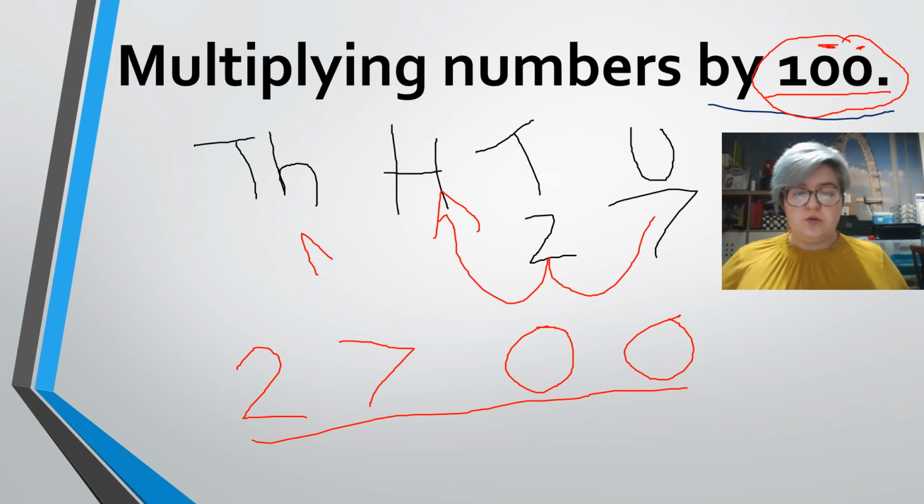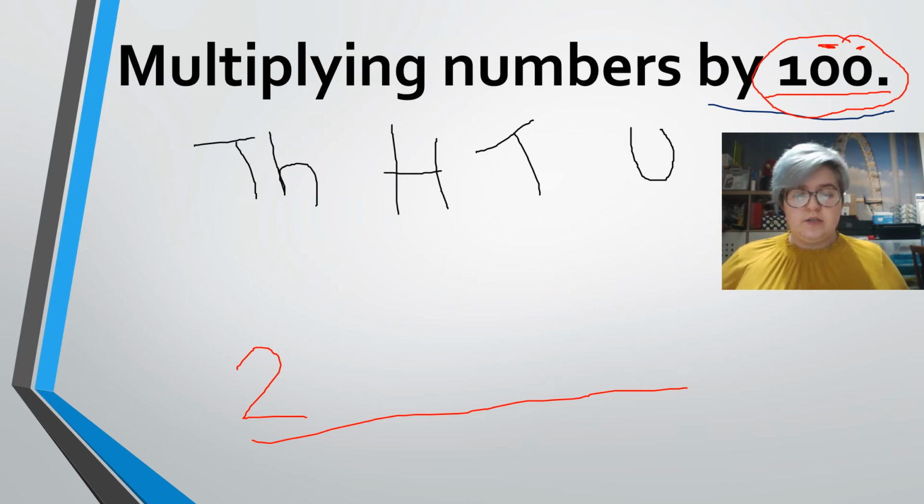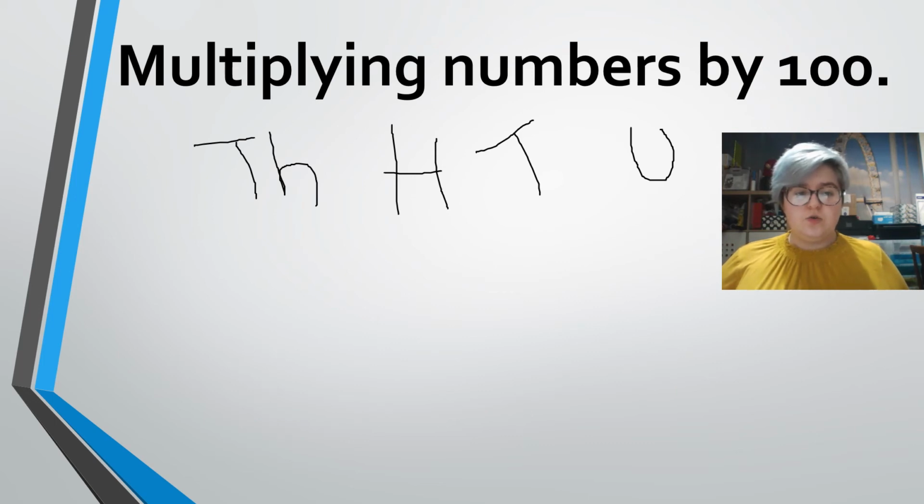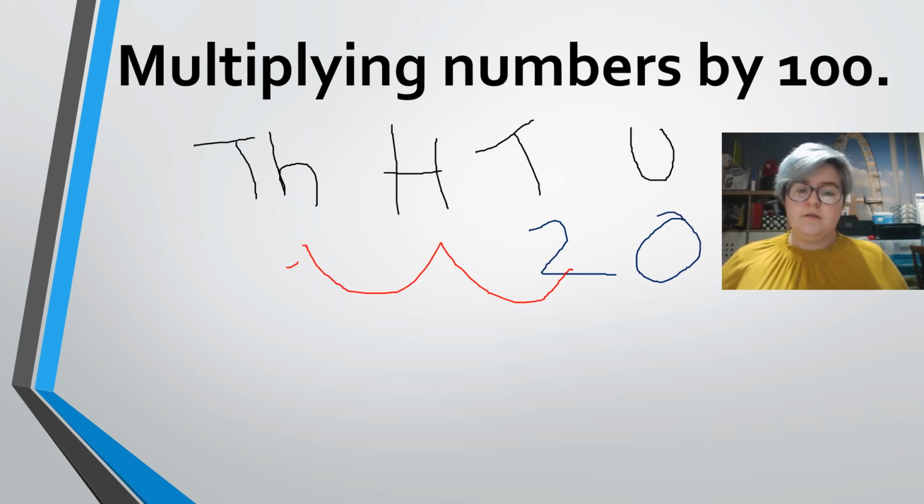Now I'm going to show you quickly for the hundreds, as I did for the tens. If we had a number like 20, and we multiply 20 by 100, the 2 goes up 2 again, and the 0 goes up 2 again.